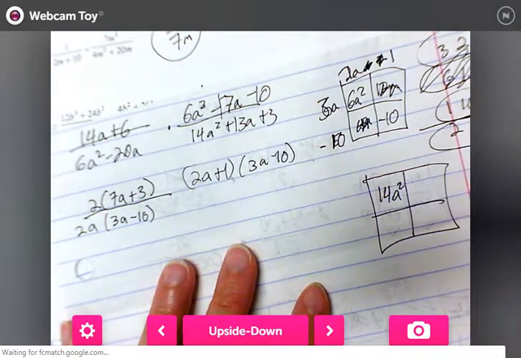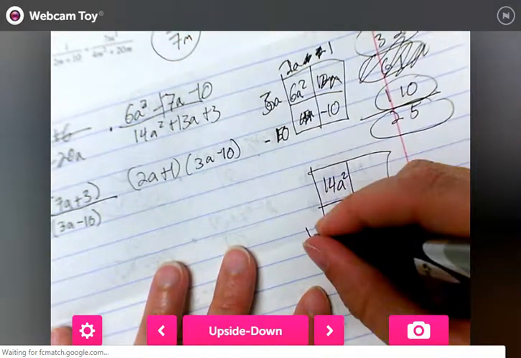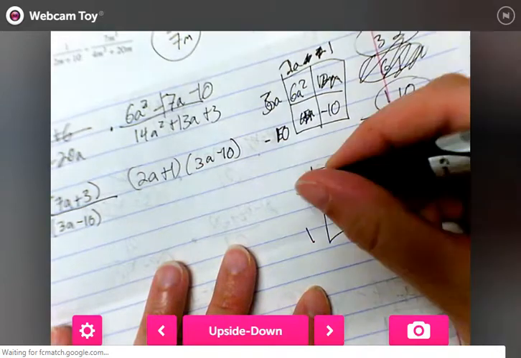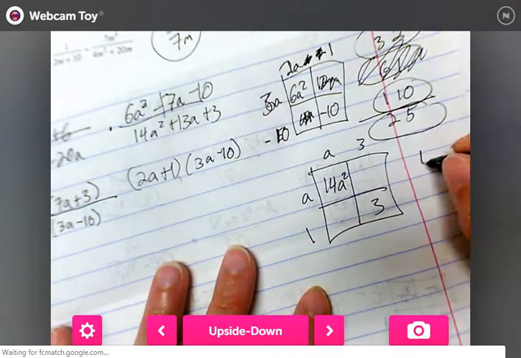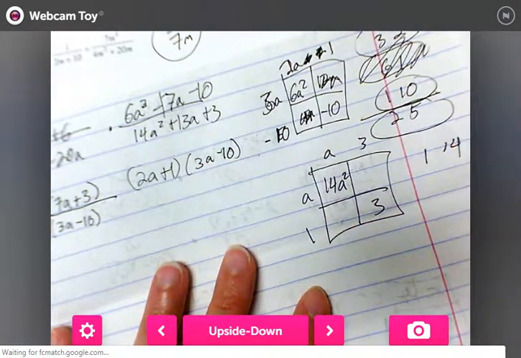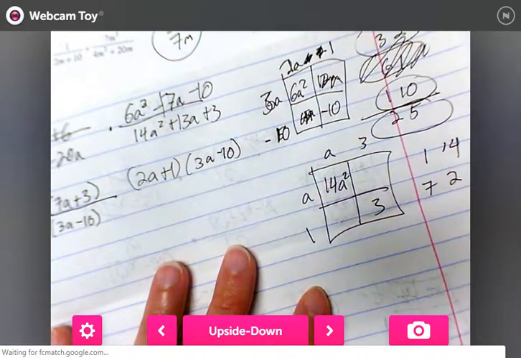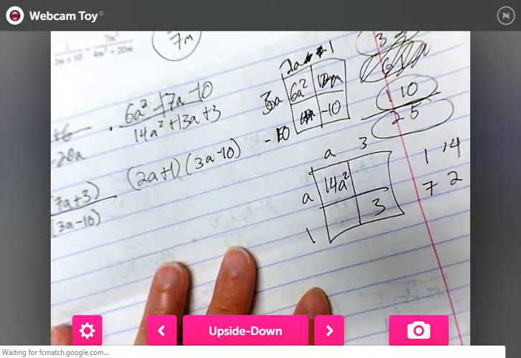I get 14a squared and 3. So I know 3, the only options are 1 and 3. So with 14, I know I can have 1 and 14, or I can have 7 and 2. Which ones are going to add up to give me 13? Okay? 7 times 3 is 21.